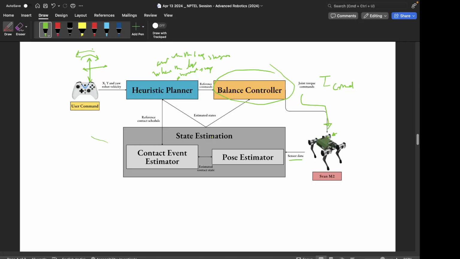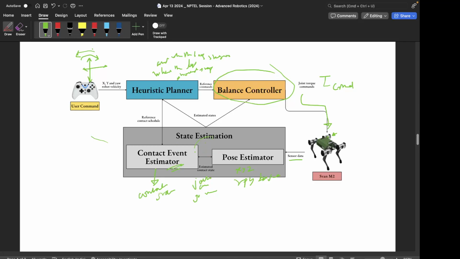We estimate what's the robot state, and in that we estimate the xyz position of the base, the roll pitch of the base, right? We get the joint angles, joint velocities, and also which leg is in contact and which is not, the contact state, right?